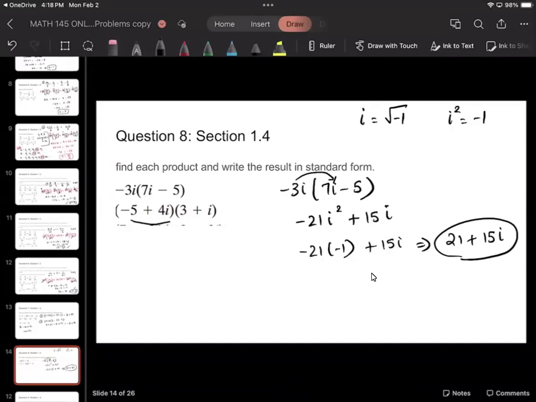So here you're going to FOIL, okay? So you're going to multiply this with this and then this with this. So negative 5 times 3 is negative 15 minus 5i plus 12i plus 4i squared.